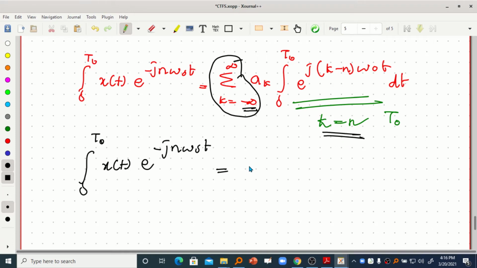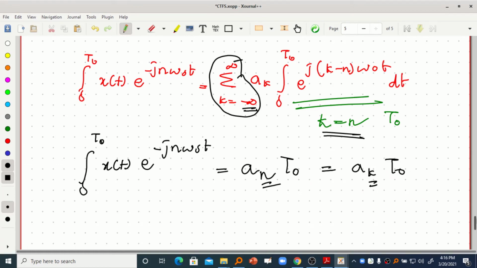So we can call it a_n into T0, and from this we can also see that it is a_k into T0, because n and k are equal.